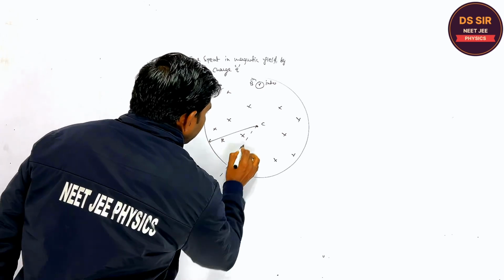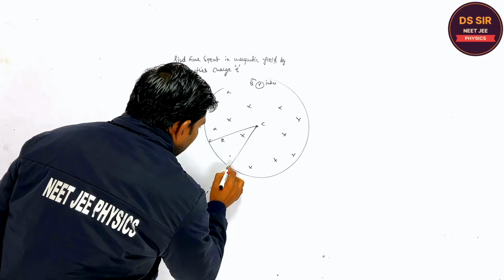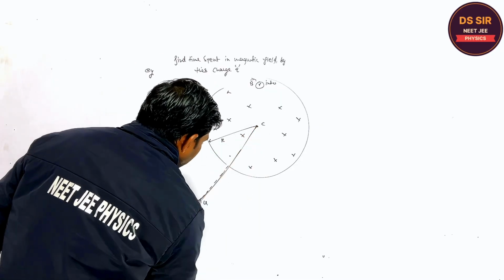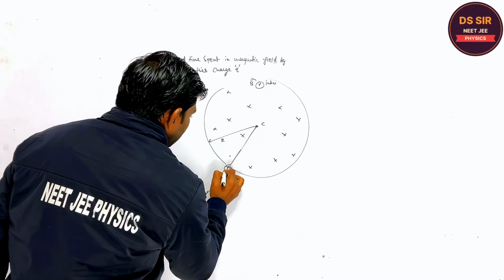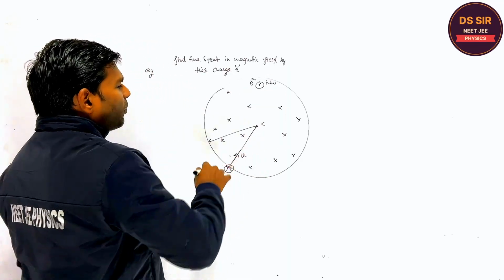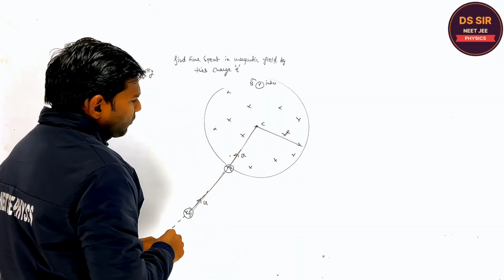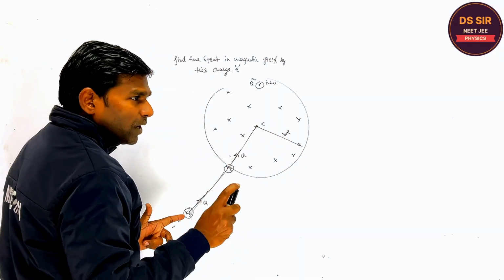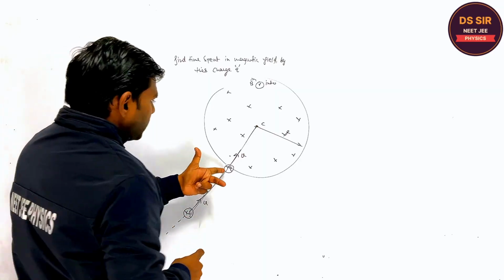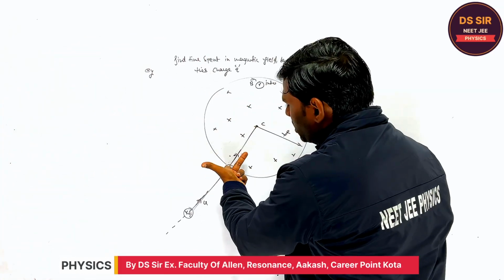So let's see this question. When it enters the transverse magnetic field like this, tell me, if this is the plus Q charge and it enters over here, it will start performing circular motion or not? If it is performing circular motion, where is the center of the circle? This is the magnetic field, this is the velocity.